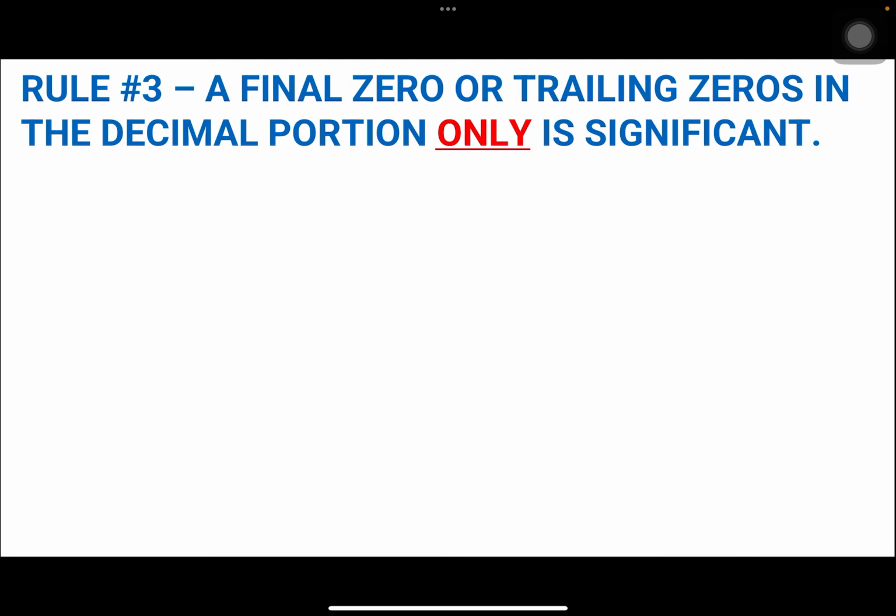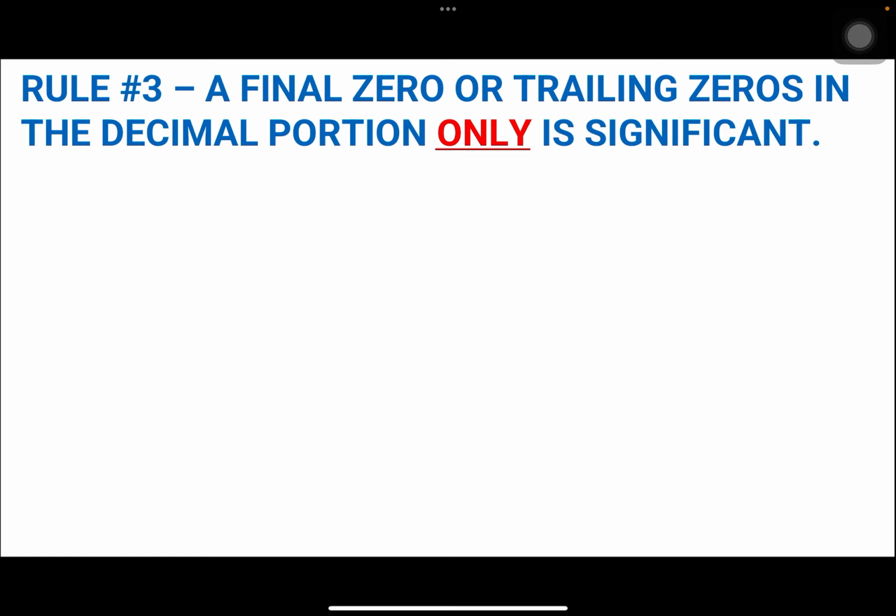Lastly, in some references, mapapansin nyo to, no? Maraming rules na tumatama dito. Pero for the sake of a bird's eye view sa discussion natin sa significant figures, we will use this. A final zero or trailing zeros in the decimal portion only is significant.